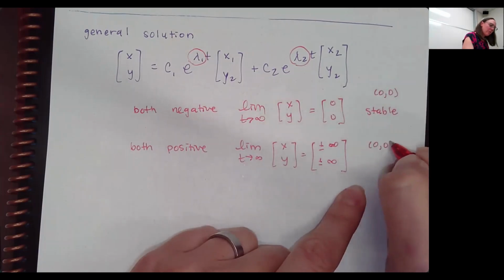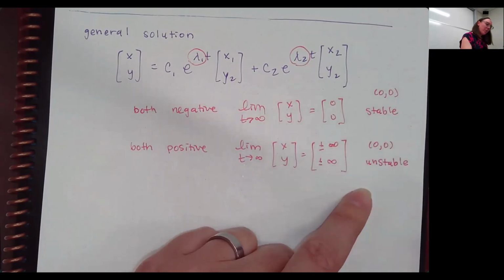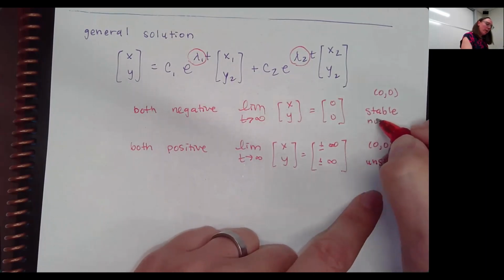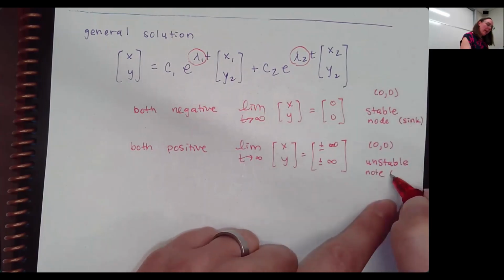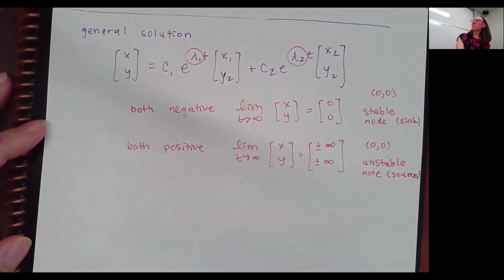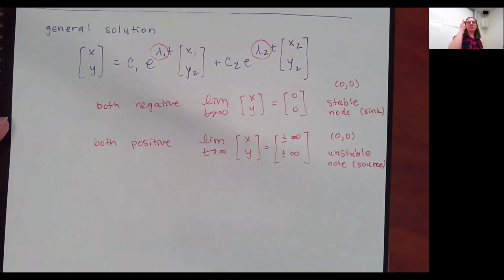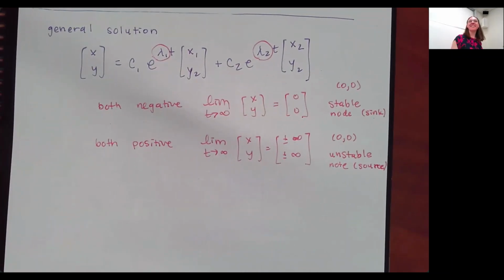This one we would say 0, 0 is unstable. There are other words we can attach to that. So we call it a stable node. We can also call it a sink. We can call this an unstable node, and we can call that a source. Our textbook uses the word sink and source. I don't like those. I like stable node, unstable node.